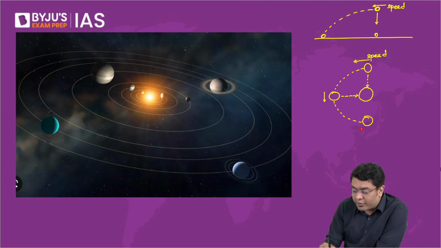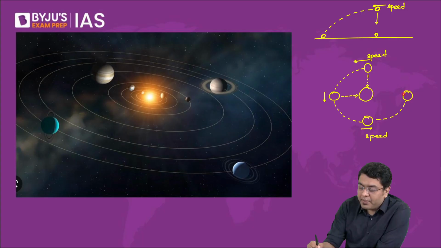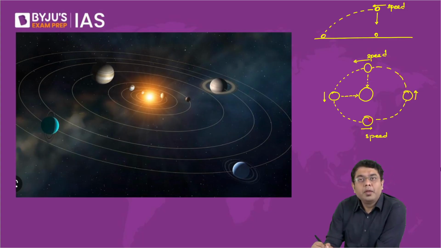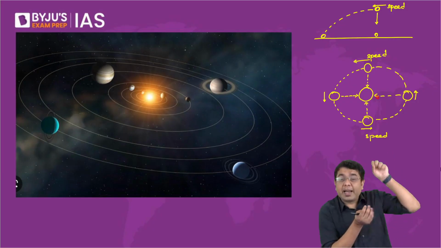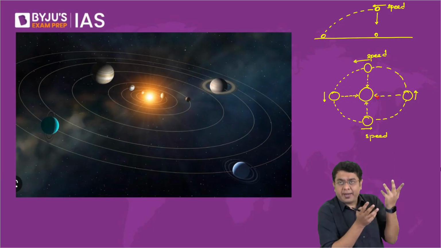So here again, rather than falling straight, it will end up somewhere here. Again, it has got speed. Again, it will fall somewhere here. So at every point of time, it is the force of gravitation towards the sun that is trying to pull the planet.